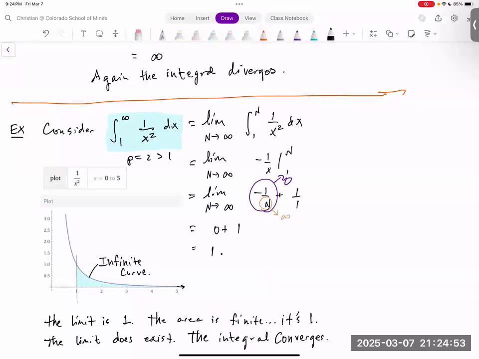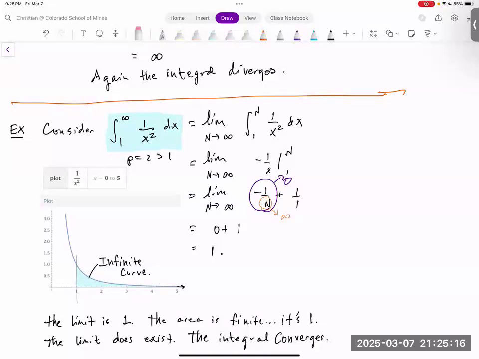The limit exists. So similar to the last one with 1 over x to the half and 1 over x, and now with 1 over x squared, we have an infinite curve. This curve just continues forever to the right. We have a horizontal asymptote at y equals 0, the x-axis.